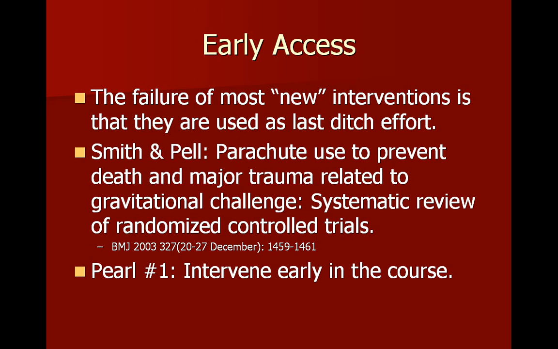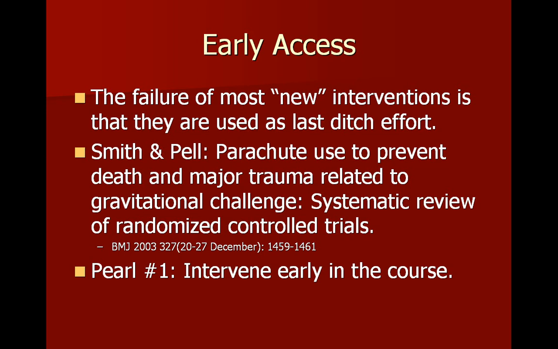Fascinating study by Smith and Pell, and if you ever have a desire to get a good chuckle, the British Medical Journal in their December issue always publishes articles that are a little bit tongue-in-cheek, and this is one of them. It's called Parachute Use to Prevent Death and Major Trauma Related to Gravitational Challenge, a Systematic Review of Randomized Controlled Trials.